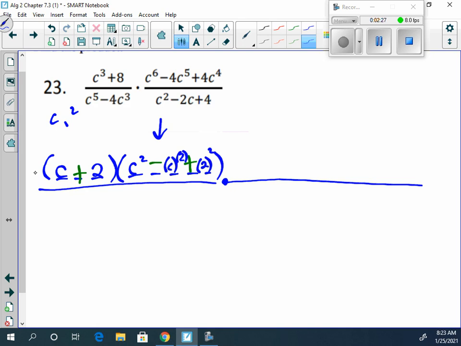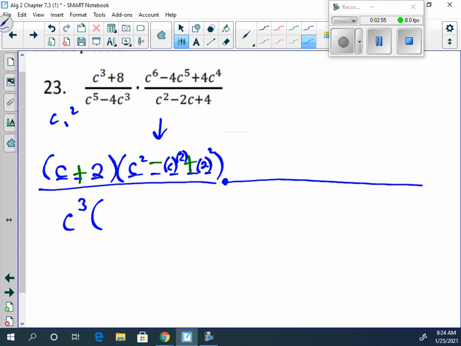Now the bottom of the first fraction is we have c to the fifth minus 4c cubed. How can we factor this one? What can we do? Yes, it does have a greatest common factor of c cubed, c to the third, and we can factor it out of both terms.